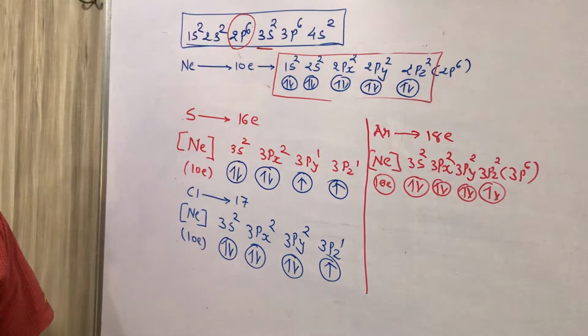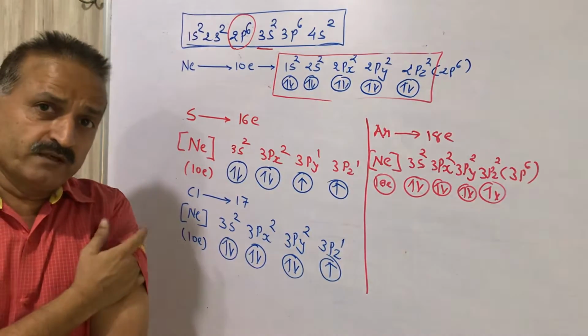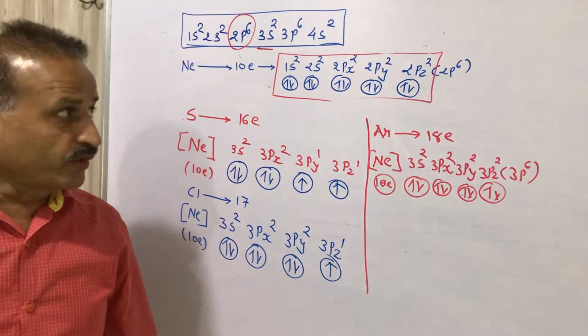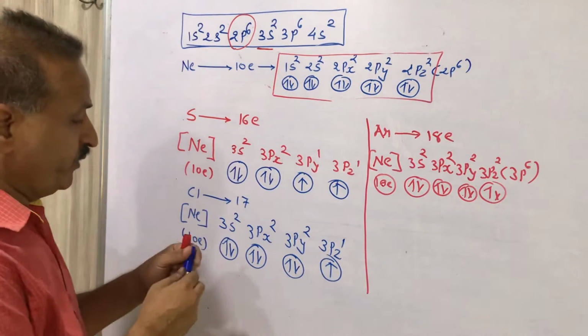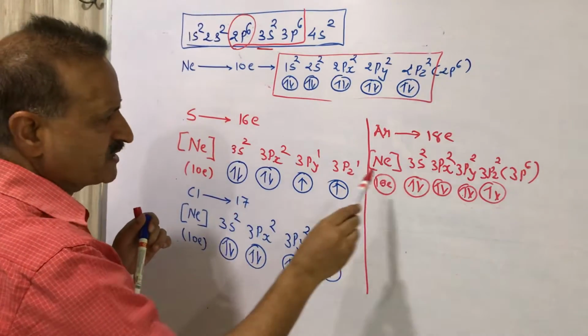Clear? Now we have another two elements that we have to fill, that is potassium and calcium. So now we have filled the electronic configuration till 3p6. This is the last 3p6.